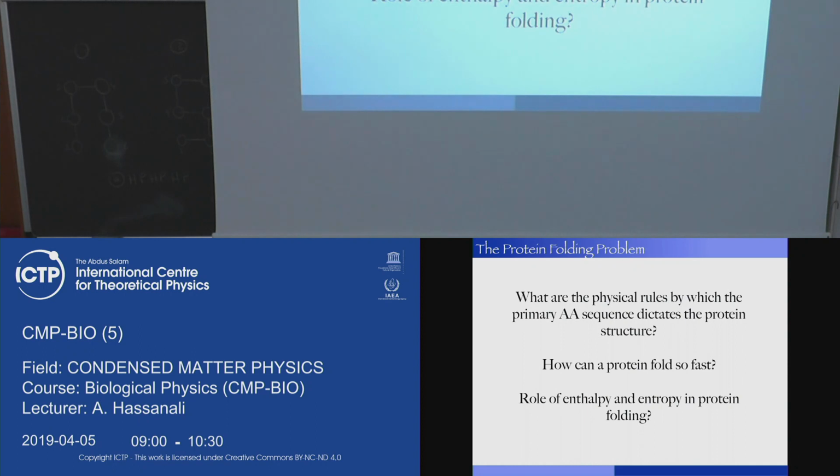Now let's imagine a protein made up of 100 amino acids. If there are 100 amino acids, how many dihedral angles are there? The total possibility is 2 to the power 100, or 3 to the power 100.